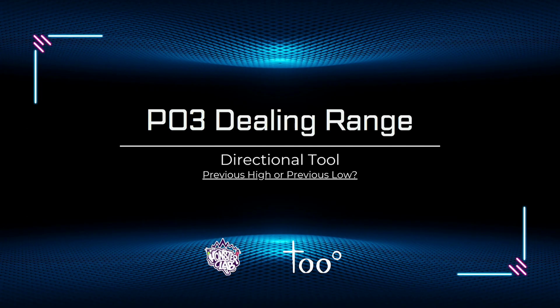So when you have the dealing range, you have the framework for the redistribution or reaccumulation levels to the previous high or the previous low. You only have 2 targets. When you have one power of 3, the market only takes the previous high or the previous low. Only 2 targets, high or low.